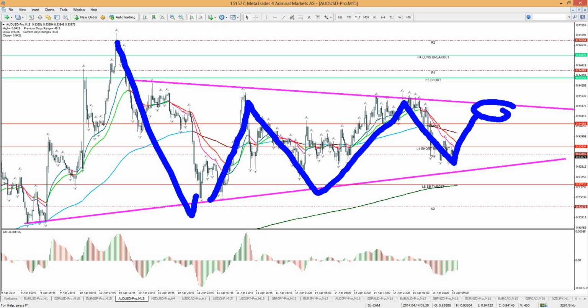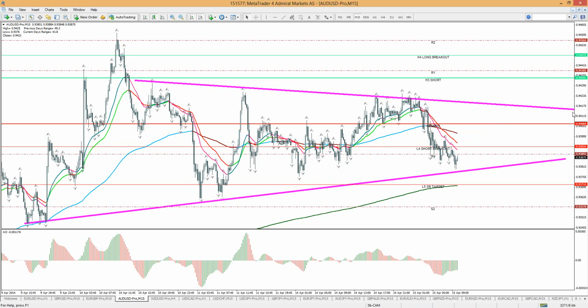It doesn't have to go to the top. So therefore, not aiming for the top could make sense because it could be the E part of a triangle.